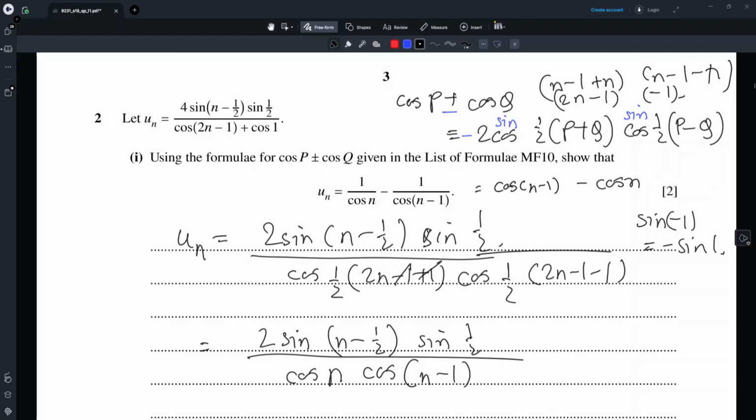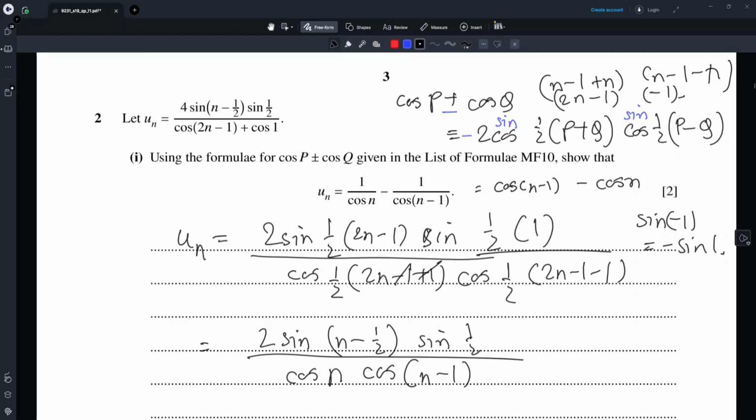So I can try writing it down like this, sine half, right? Because I have half here in the formula, I can write it down as half into 1. And here, if I want to bring a half, I write down half into something which equals n minus 1, right? N minus half. So I have here 2n and I have here 1.